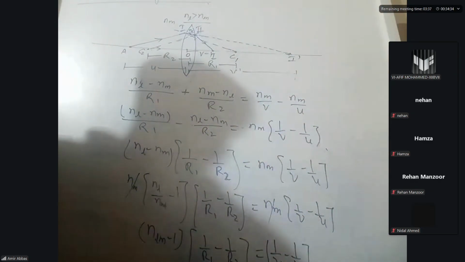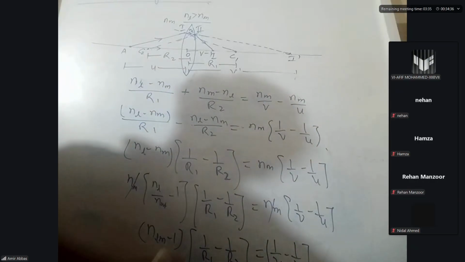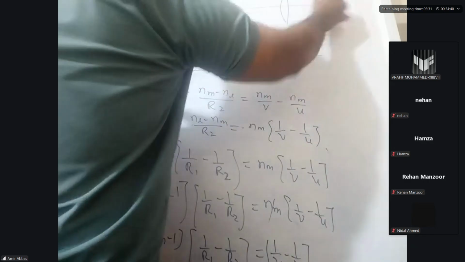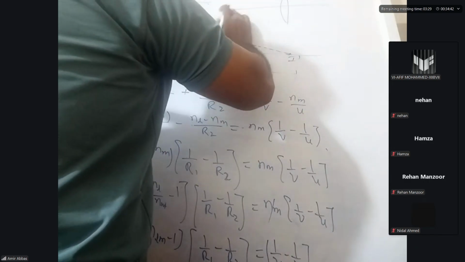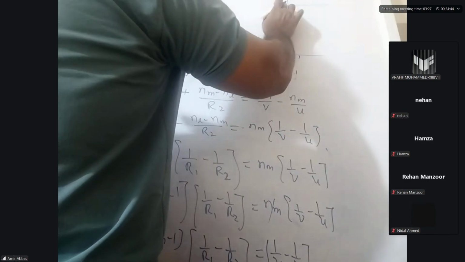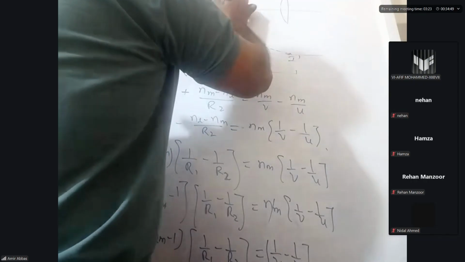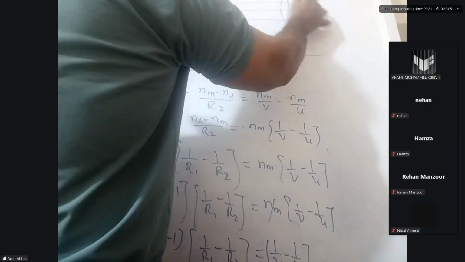Now, let us say that for this lens, the object is at infinity. Then the image gets formed at the focus.